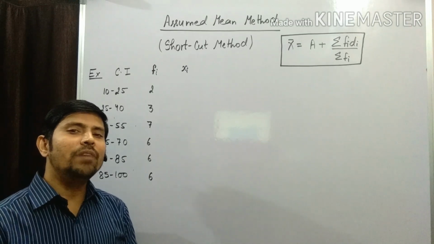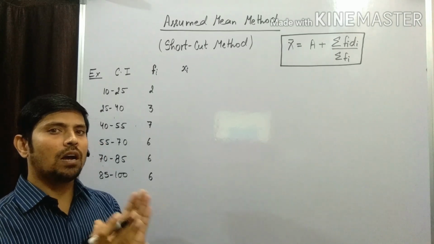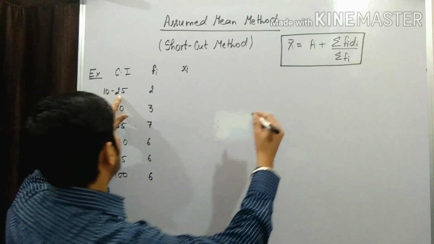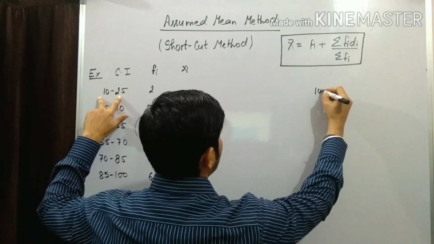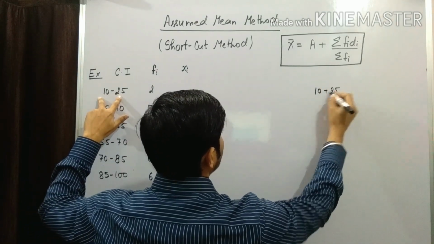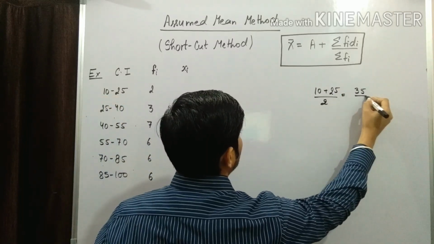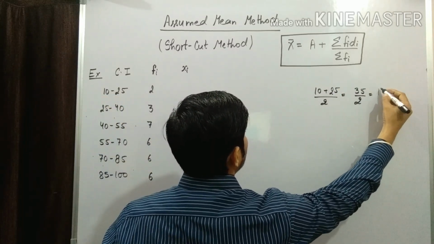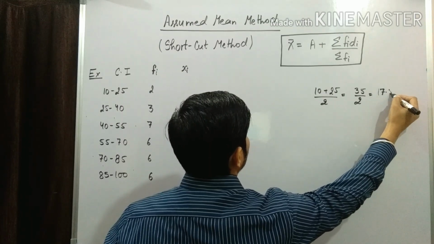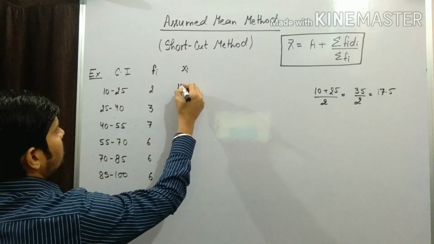This is the mid value, the class mark. How are we finding it? First, we add 10 and 25 and divide by 2. Then this will be 35 by 2, which is 17.5.